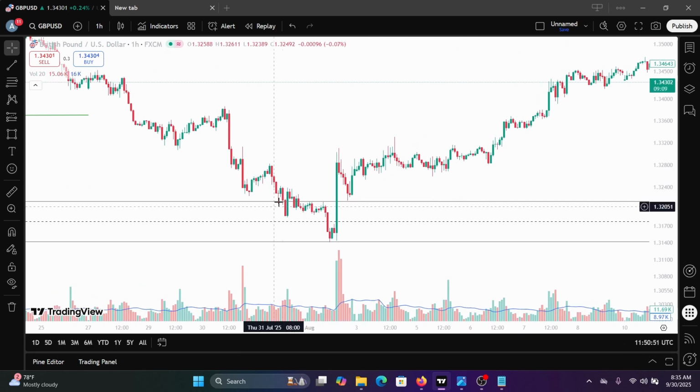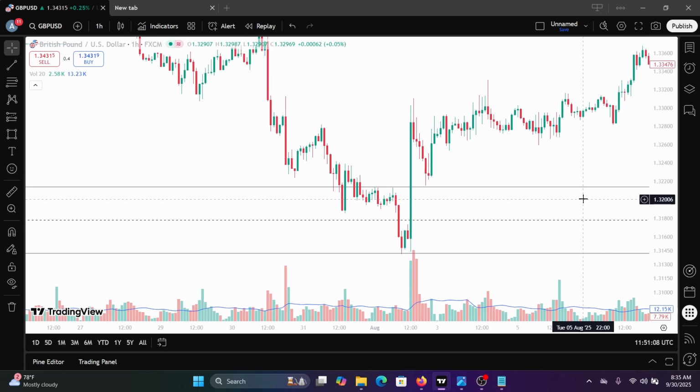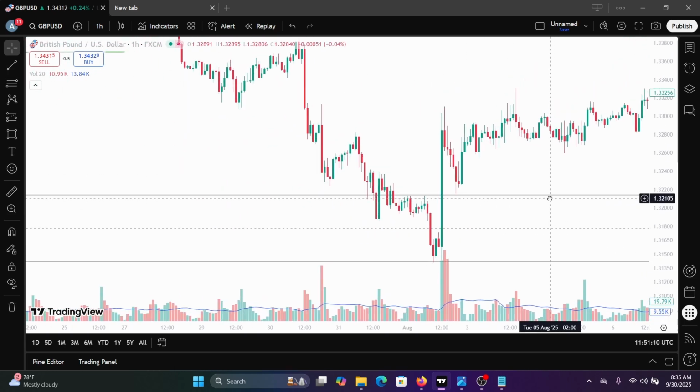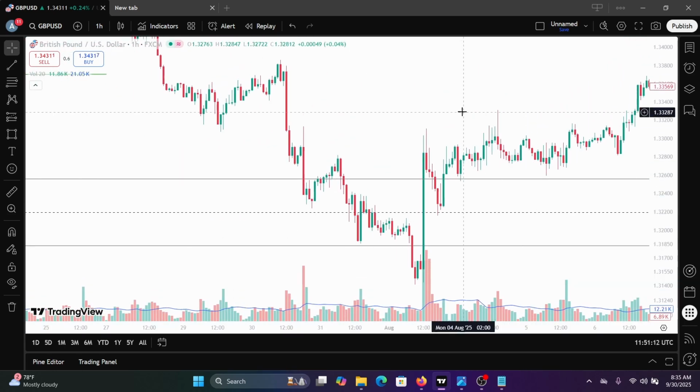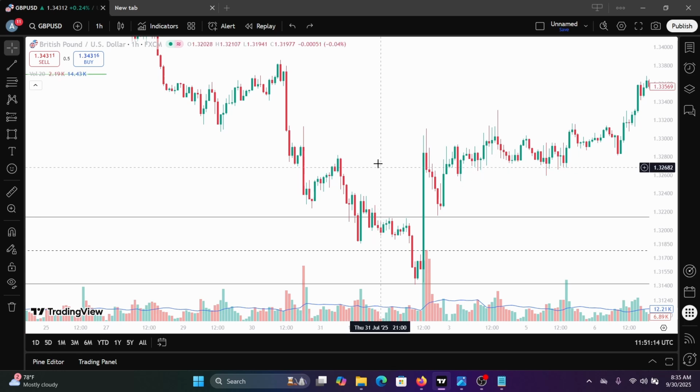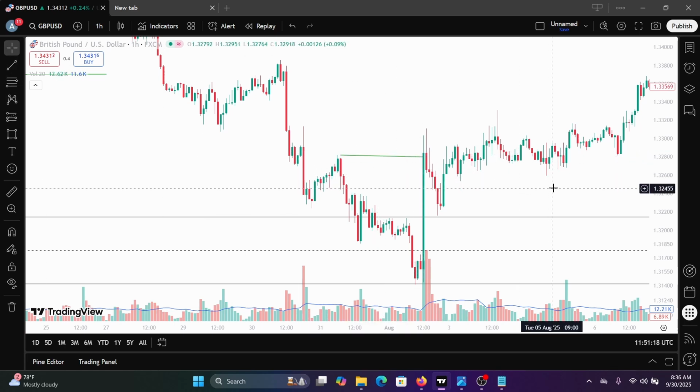Now look at this. I'm not engaging at this point. These are nothing to me. The reason why these are nothing to me is because of one simple reason, and that is I'm looking at a very high time frame, and you can see the recent market structure shift right over here, and the market structure shift happened over here.